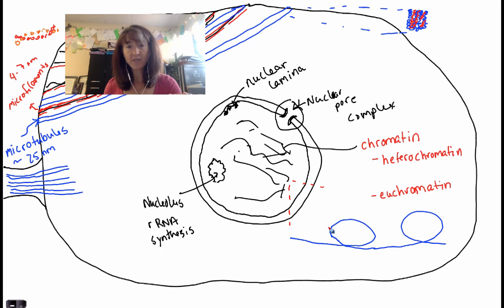And this protein complex is called a histone protein complex, what's almost like a spindle around which the DNA wraps.